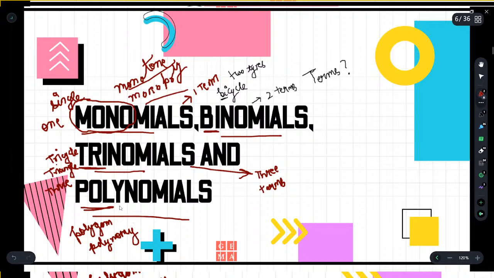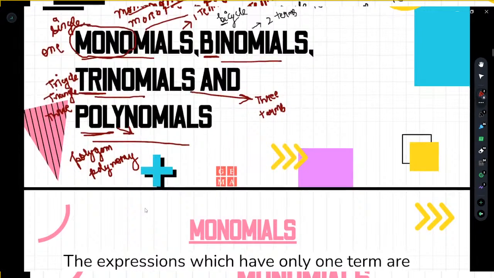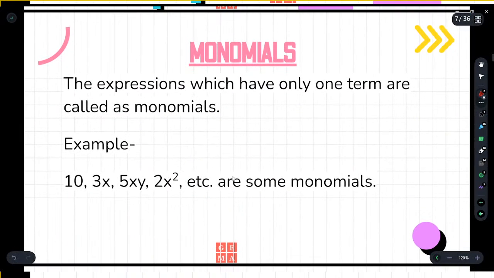So poly means a lot of it, a lot. And poly means more than one, multiple. So you can have an idea that polynomials are the expressions that have a lot of terms, more than one term. Okay, so let's go into depth of all these terms.